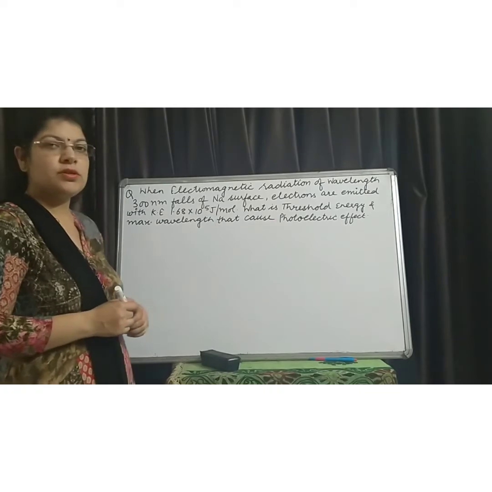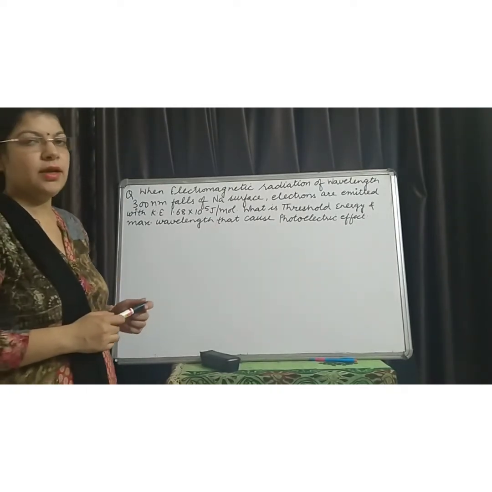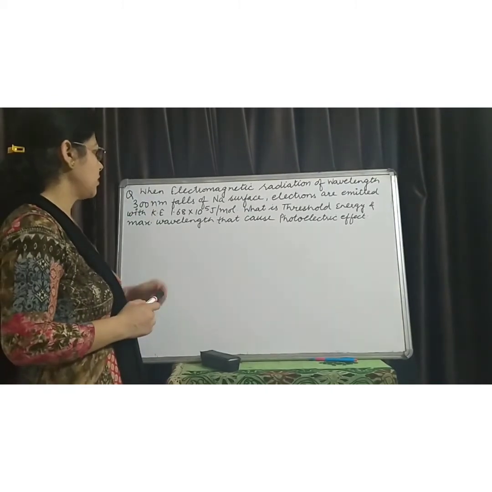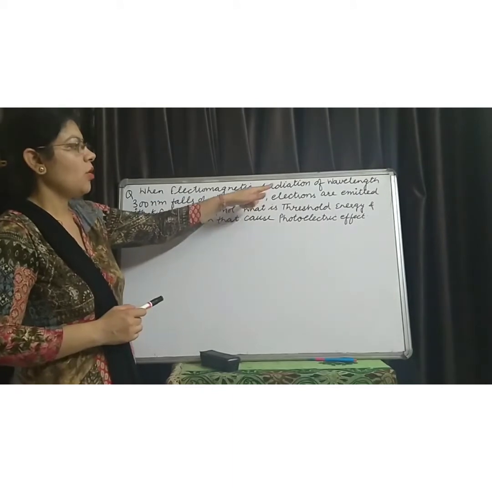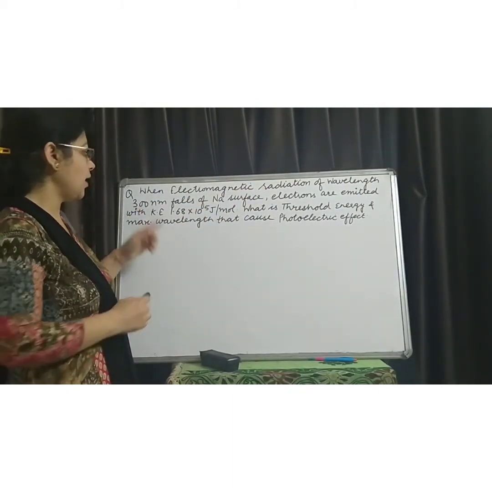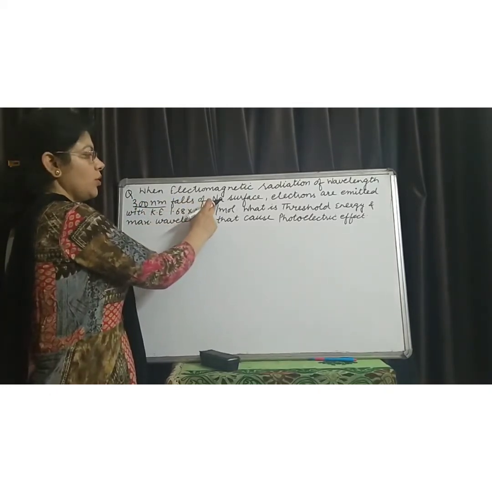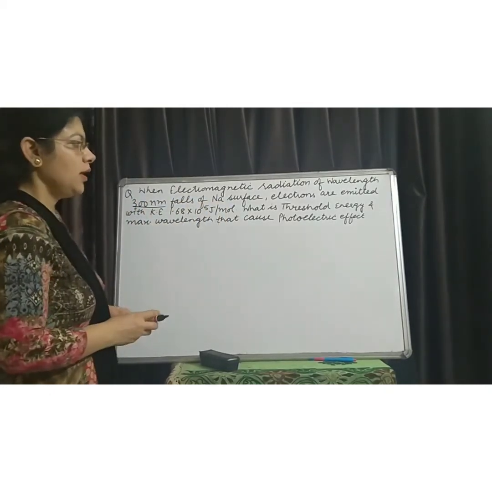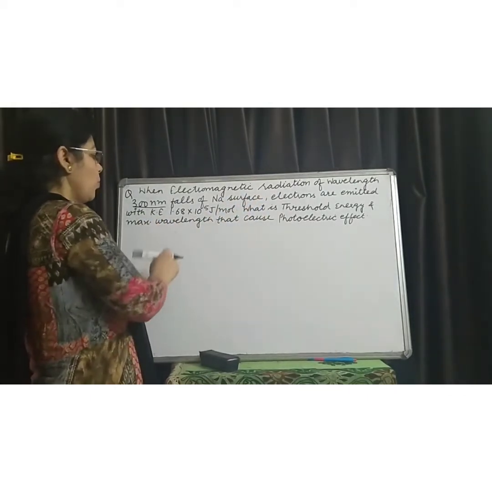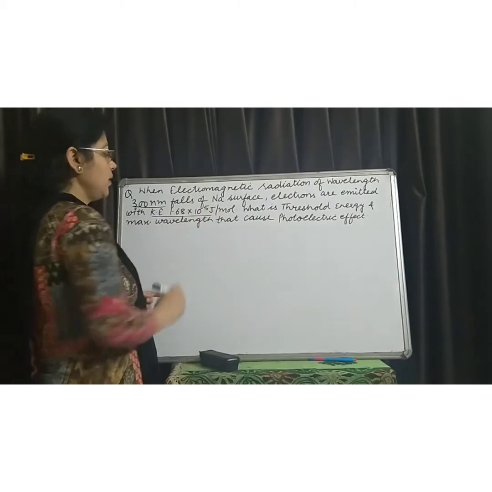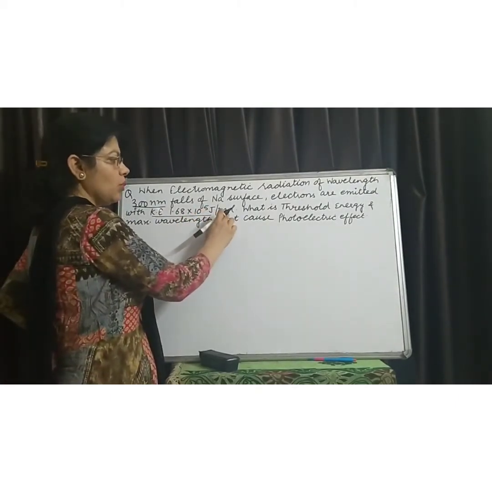In this question we will solve the numerical problem related to the photoelectric effect. The question is: when electromagnetic radiation of wavelength 300 nanometer falls on a sodium surface, electrons are emitted with kinetic energy 1.68 × 10^5 joule per mole.